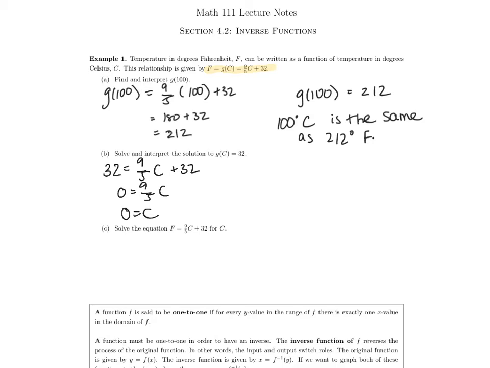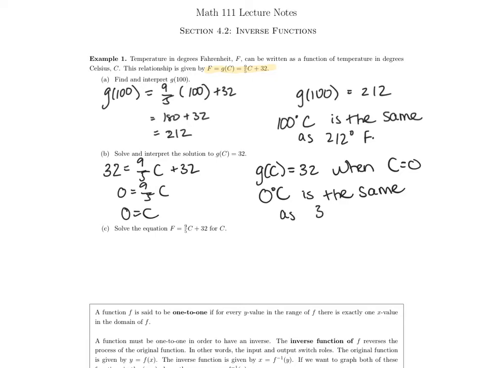So 0 is equal to C. So we know that G of C is equal to 32 when C is equal to 0. That's just me laying out the information that we have. But if we were to put that into a contextualized sentence, we could say that 0 degrees Celsius is the same as 32 degrees Fahrenheit.